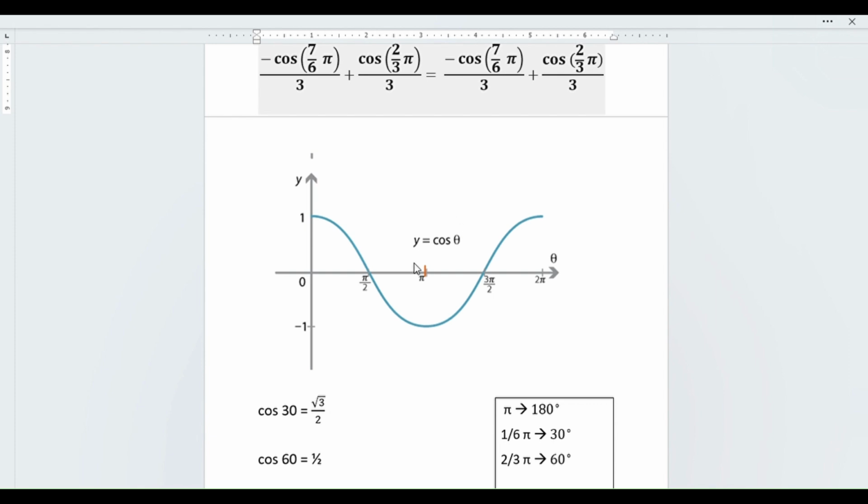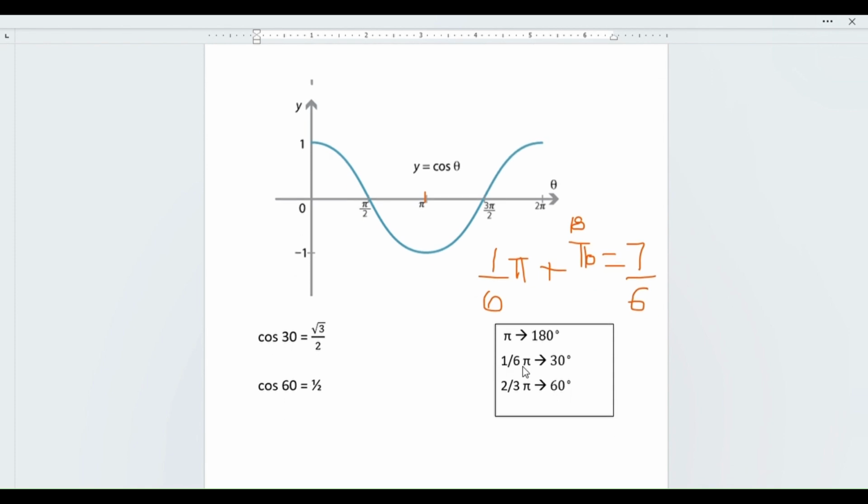So let me see what is cos 7 over 6 pi. Since pi is 180, cos 7 over 6 pi is basically 1 over 6 pi plus pi. Since pi is 180, if I replace 180 in place of pi over here, I get 30. So 1 over 6 into 180 gives me 30.